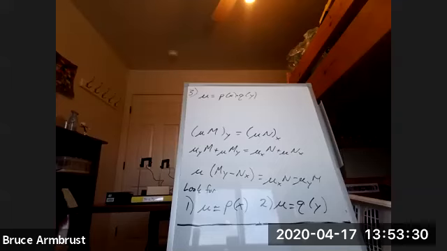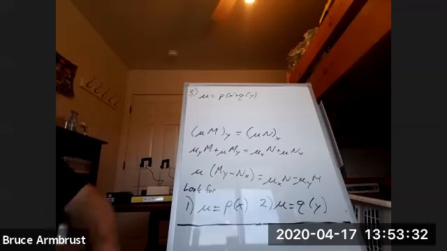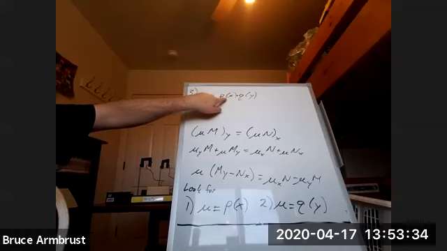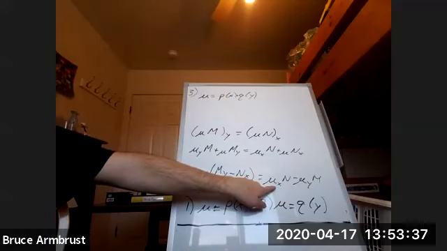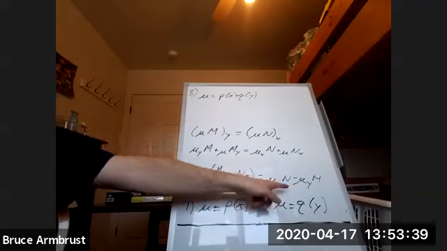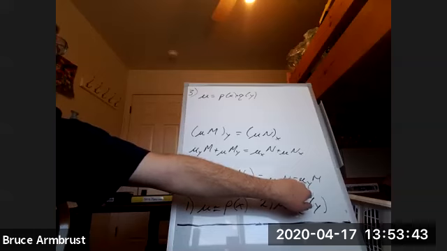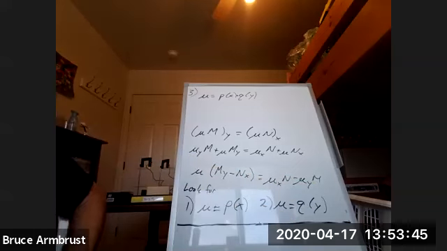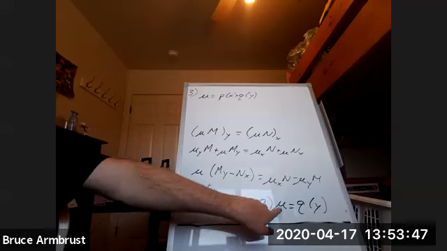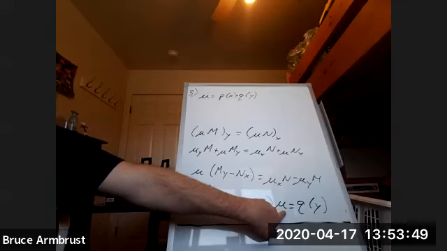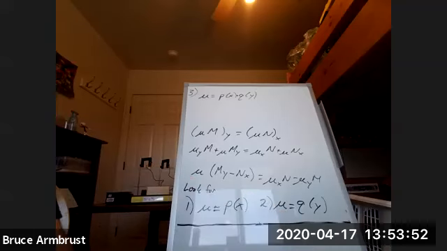Well, that's what's happening here. If it was just p of x, we'd be good. If it was just q of y, we'd be good with this one. This is a sum of two differential equations of the same form, so we can find the solutions to these two individually and then put them together.